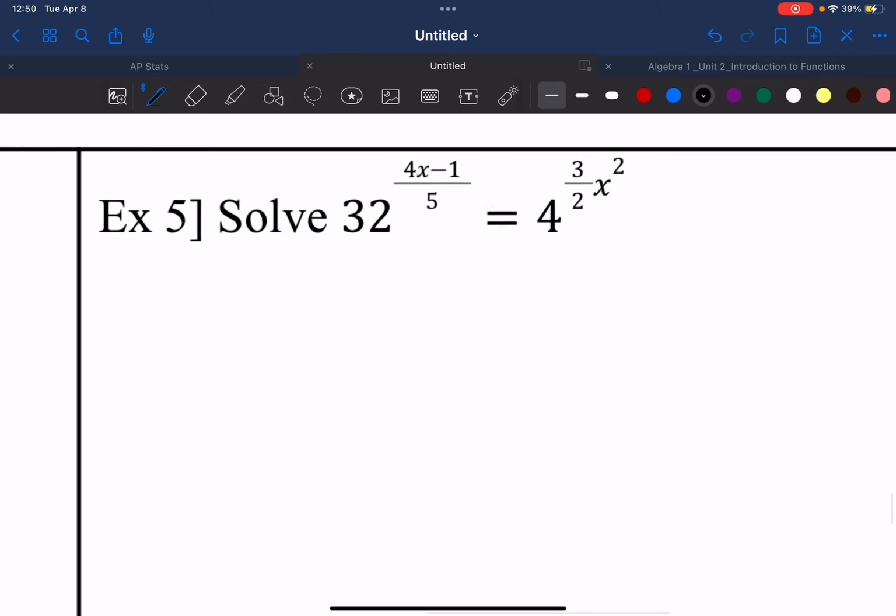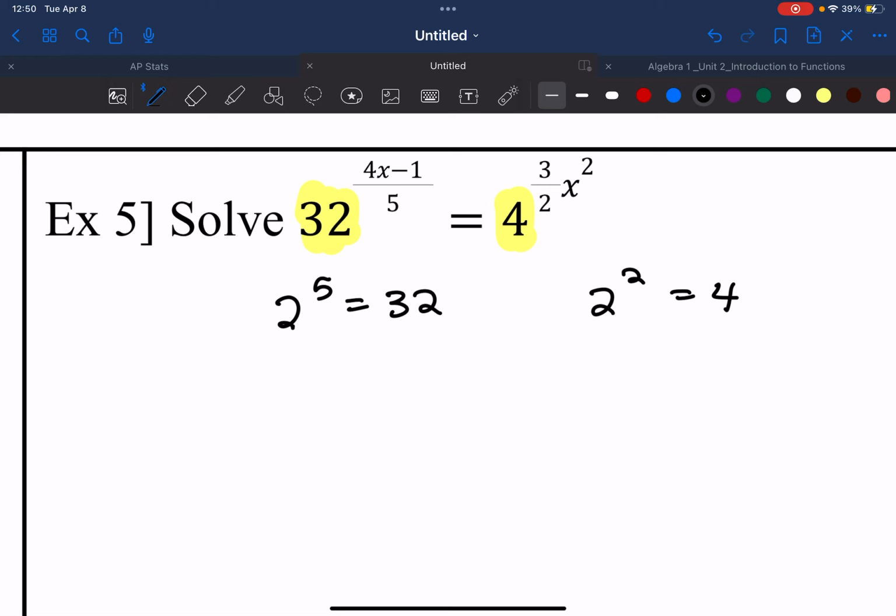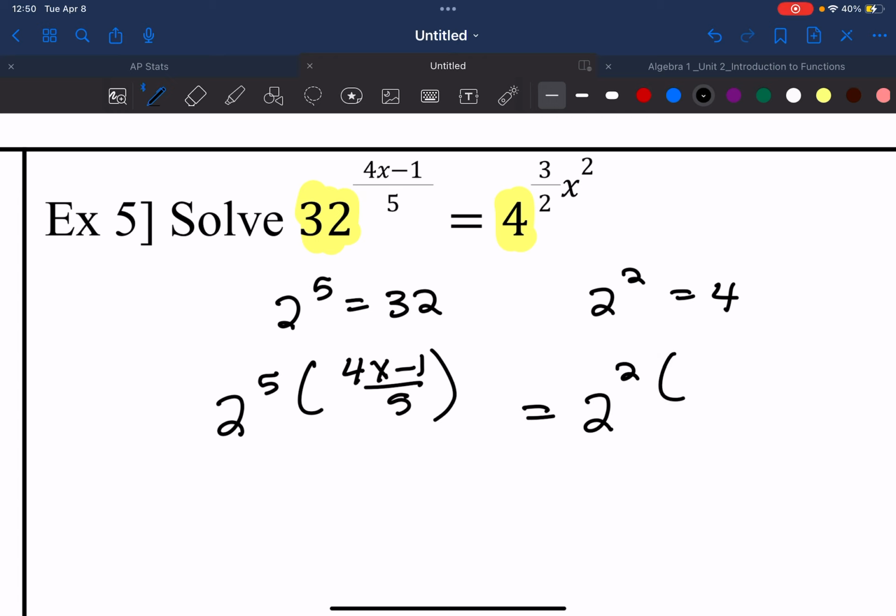Number 5, here are my bases, 32 and 4. I know that 2 to the 5th power is 32, and 2 squared is equal to 4, so I'm going to exchange them for those powers. So I have 2 to the 5th power, bring down 4x minus 1 over 5, is equal to 2 to the 2nd power, bring down 3/2 x squared.